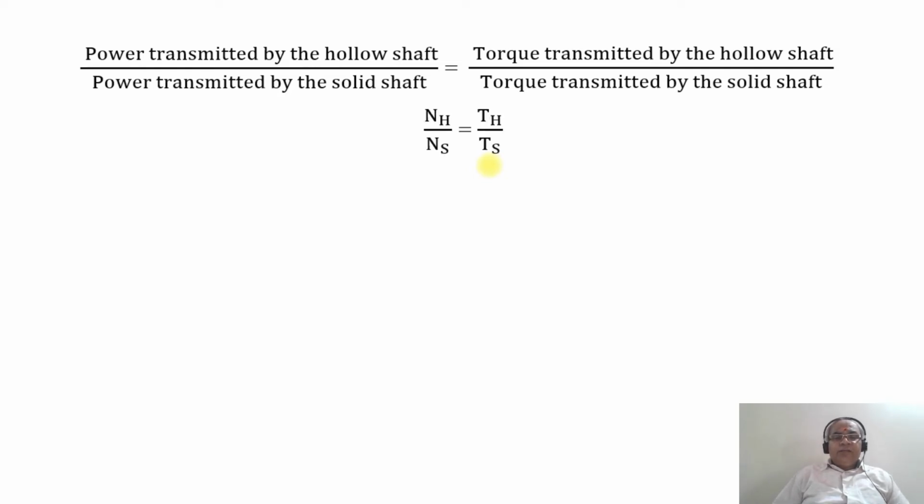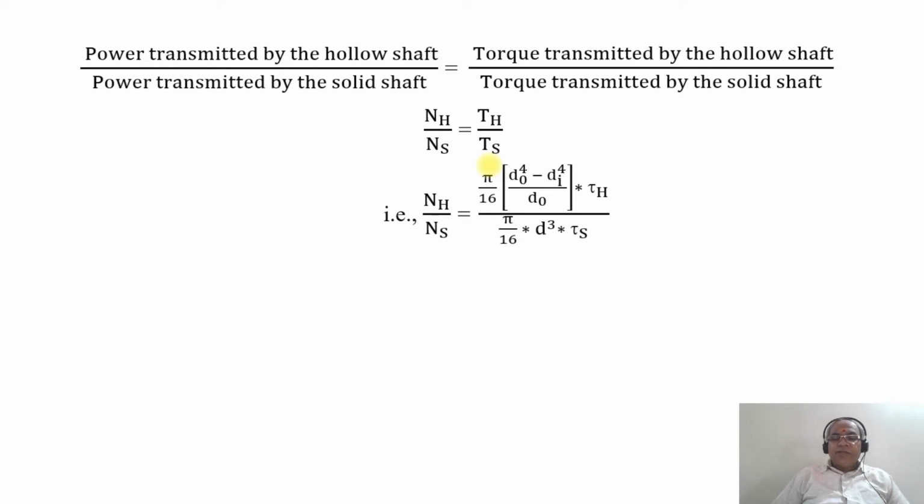In terms of the mathematical expression, capital NH by capital NS will be equal to capital TH by capital TS. So NH by NS will be equal to the torque of the hollow shaft, pi by 16 into (d naught to the power of 4 minus di to the power of 4) by d naught into tau H, divided by the torque transmitted by the solid shaft, that is pi by 16 into d cube into tau s.